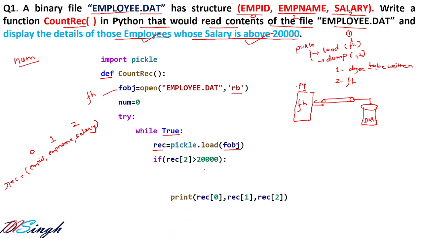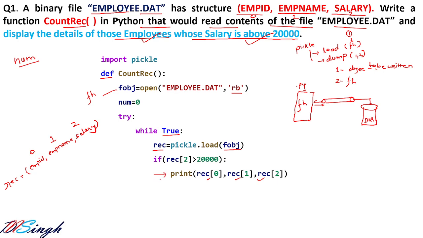For displaying, we will use the print statement, and inside the print we will display employee ID, employee name, and salary. The next job is to increment our counter, because if control comes here, what does it mean? You found one record which is having salary greater than 20,000.